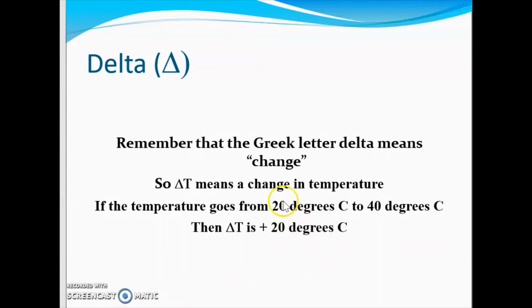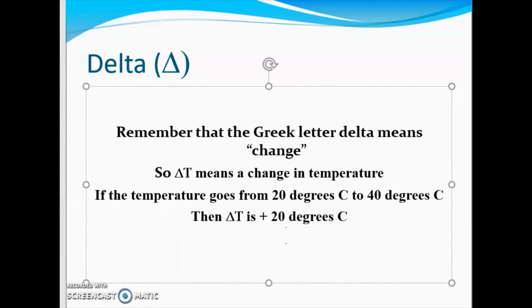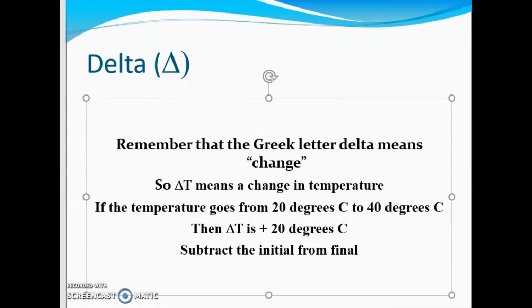So delta T is a change in temperature. And to get the change in temperature, I subtract the initial from the final. So say I have a temperature change going from 20 degrees to 40 degrees.